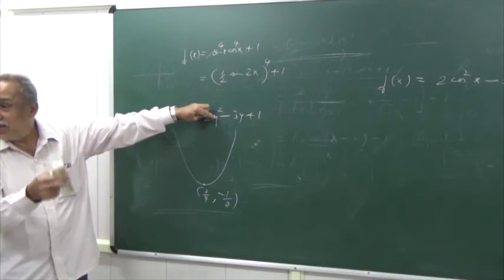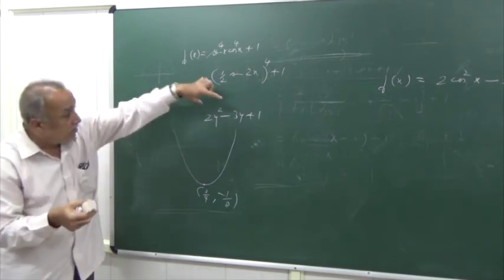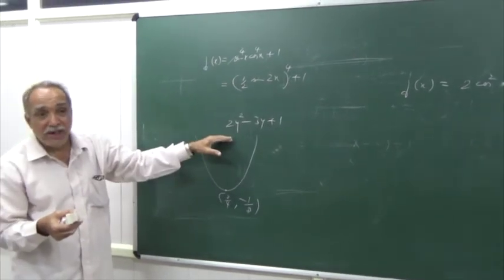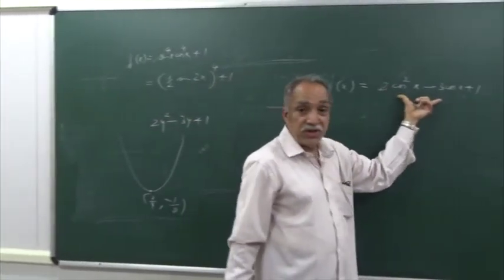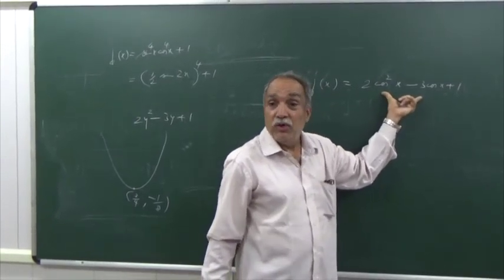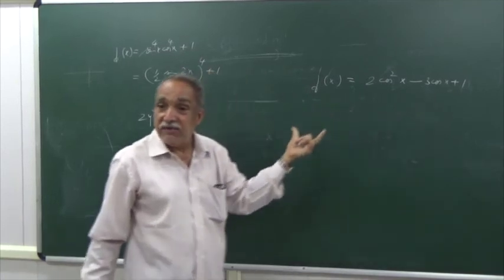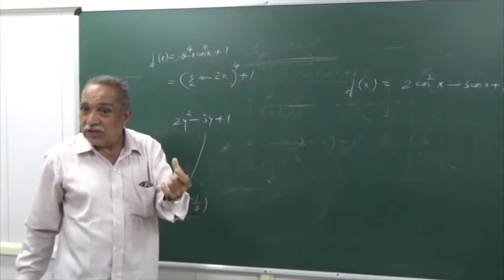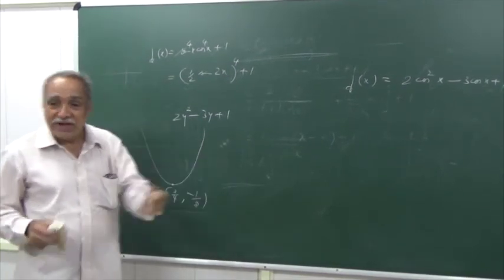If y is allowed to take any value from minus infinity to infinity, this expression will take values greater than or equal to minus 1/8. But in our case, we are having 2y square minus 3y plus 1, where y is cos x. Does cos x take any value from minus infinity to infinity? No. It takes only those values from minus 1 to 1.